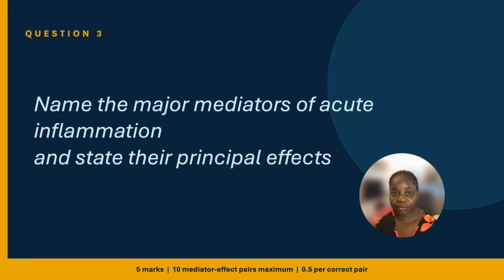You are right for the mediator, but the effect is just vague, so you will earn 0.5 marks here. If a student instead writes histamine, vasodilatation, and increased vascular permeability, that is correct, so you have your 1 mark.